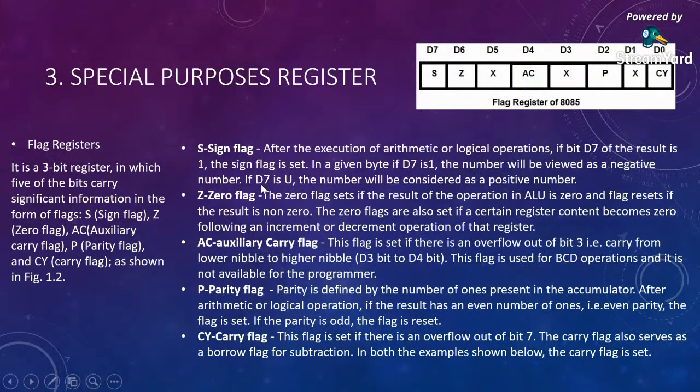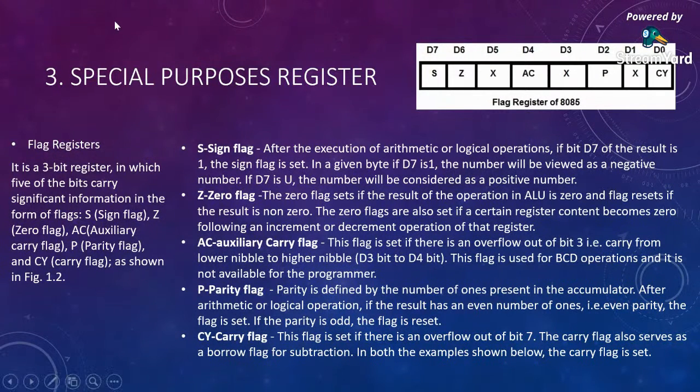If D7 is 0, the number will be considered a positive number. So the sign flag is a sign that the data is considered negative or positive.